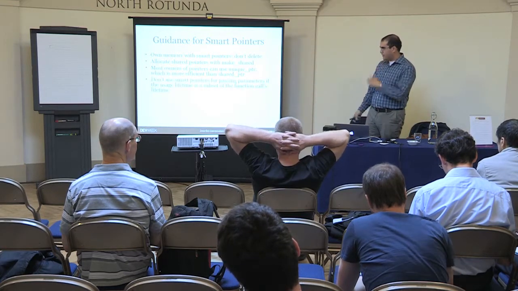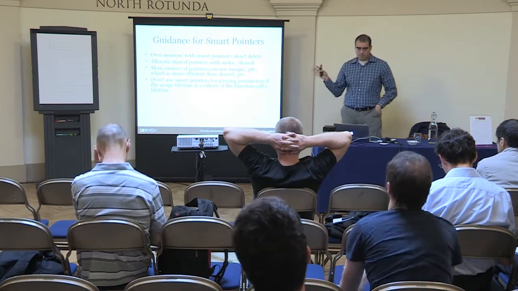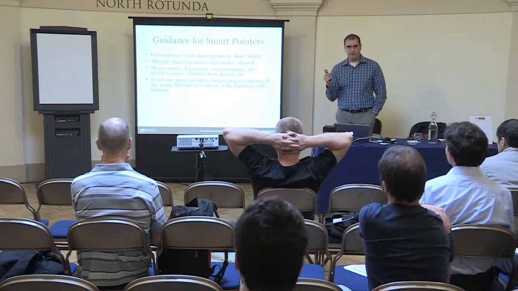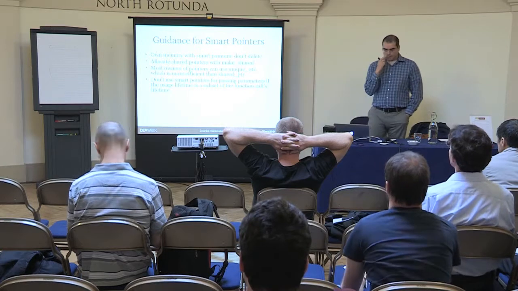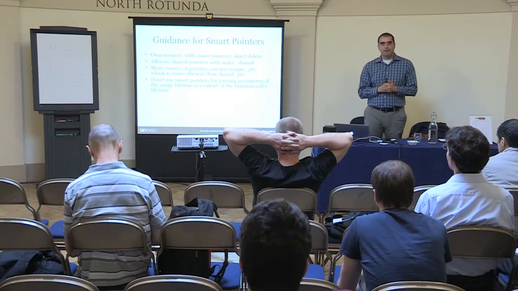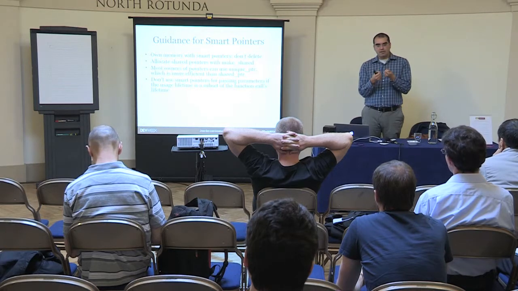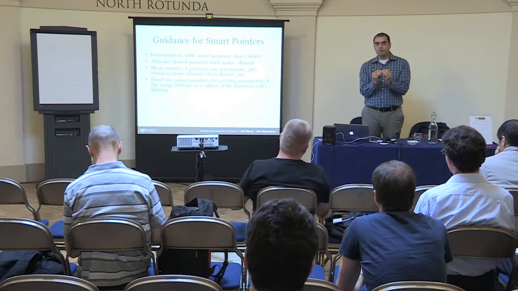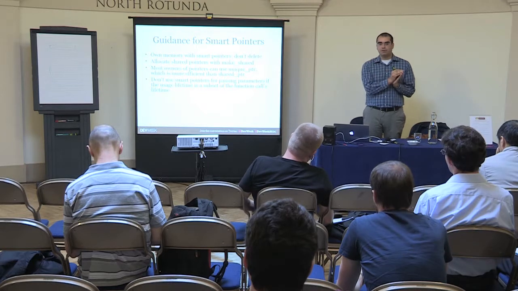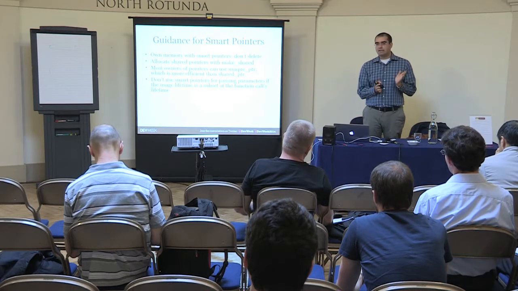If you have a function, and this is probably the most important piece of guidance here, which I'll show you in a slide in a couple of seconds. If you have a smart pointer, and you're passing it into a function that's only going to use that smart pointer for the duration of the function, and then return, then it doesn't really make sense.